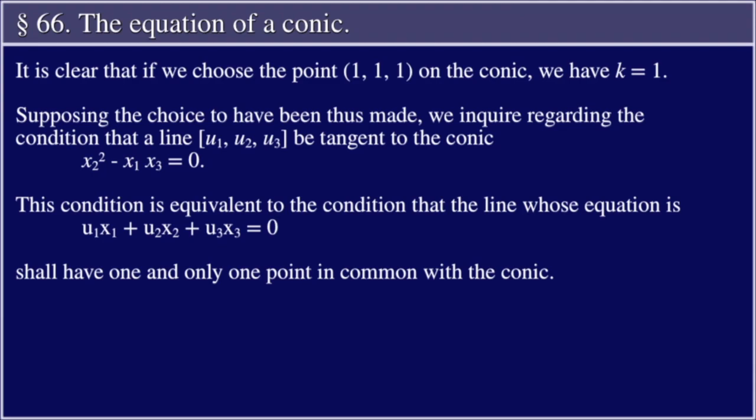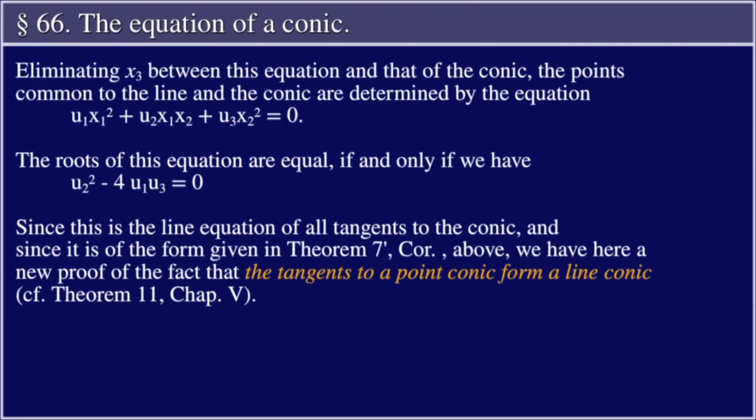This condition is equivalent to the condition that the line whose equation is u1x1 + u2x2 + u3x3 = 0 shall have one and only one point in common with the conic. Eliminating x3 between this equation and that of the conic, the points common to the line and the conic are determined by the equation u1x1² + u2x1x2 + u3x2² = 0.